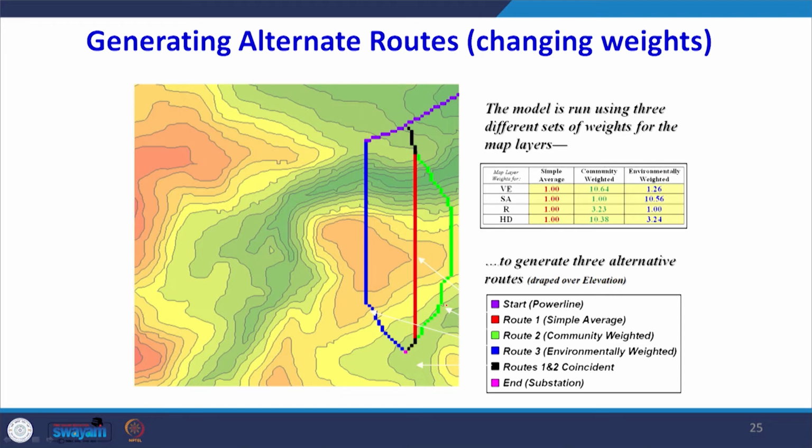When doing an alignment kind of problem, it is always better to generate several alignments, several routes, so that we can find out which is the best alignment. One can see here that there are 3 alignments which have been identified by the software when doing that pixel by pixel analysis to find the suitable location.